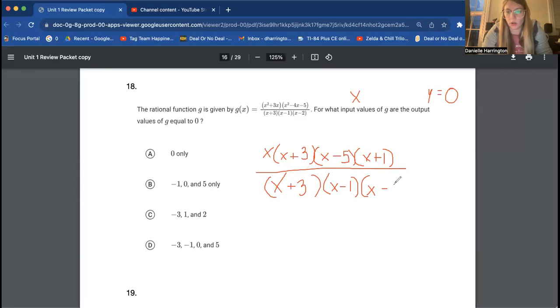My zeros are all about the numerator. My vertical asymptotes are all about the denominator. My zeros are the things that cancel. I have an x plus 3 and an x plus 3. I have a 0 at x equals -3. And now I have 3 terms on the top. 0 would make that 0. +5 would make that 0.